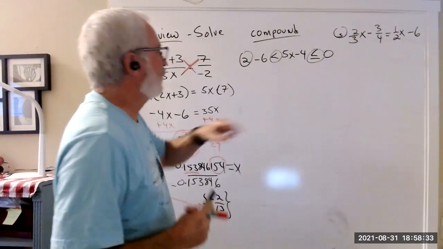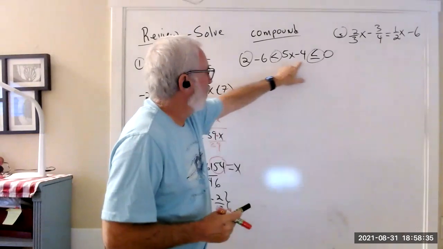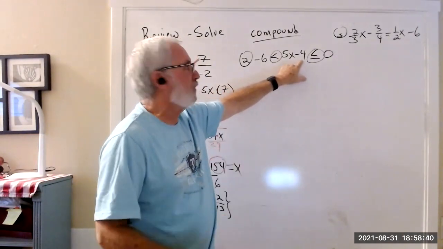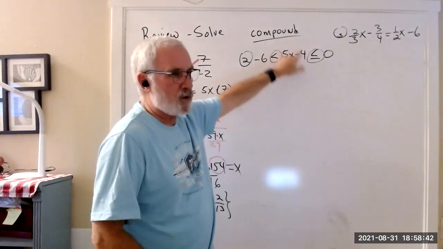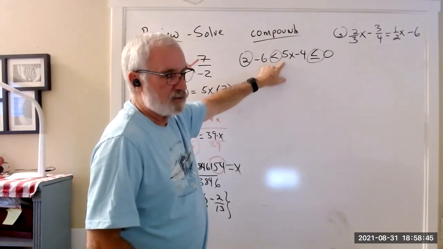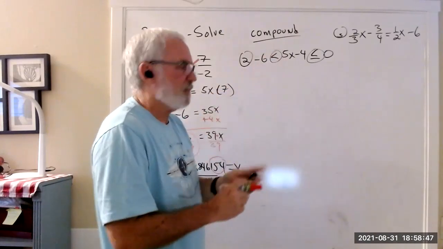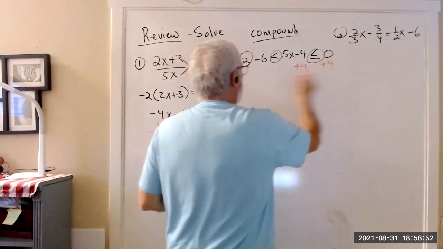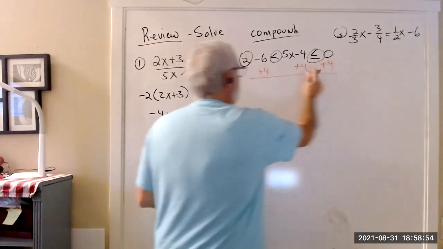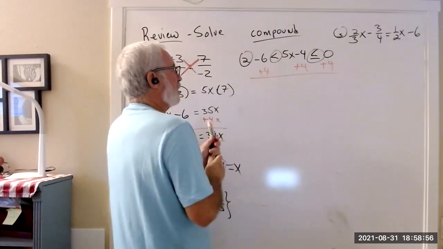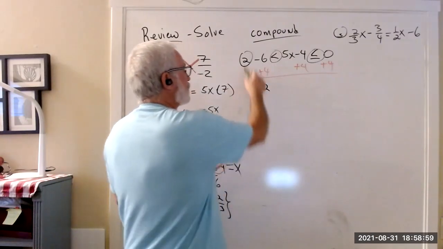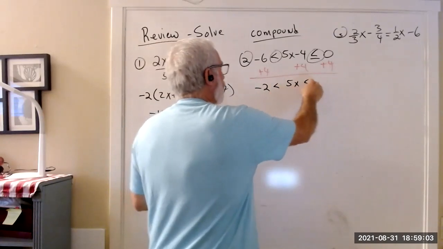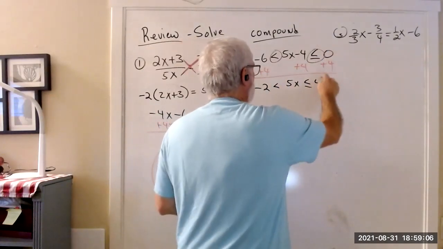The game in this is we want to get the x, the middle, to be only x. So we want to get rid of the -4. We want to get rid of the 5. Okay, that's the game. So in order to do that, to get rid of a -4, we're going to add 4 to all three parts. That's going to give me -2, because -6 plus 4 is -2, is less than 5x, which is less than or equal to 4.